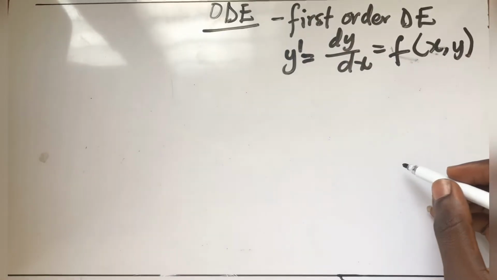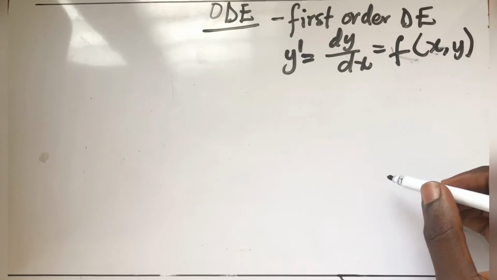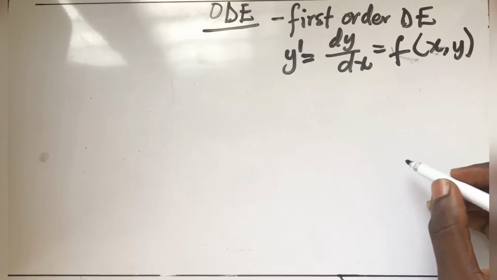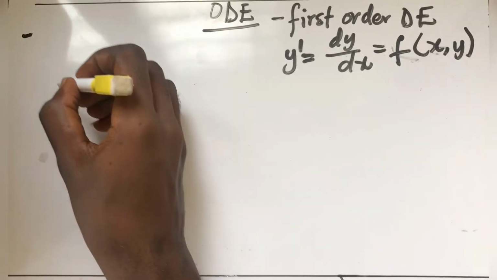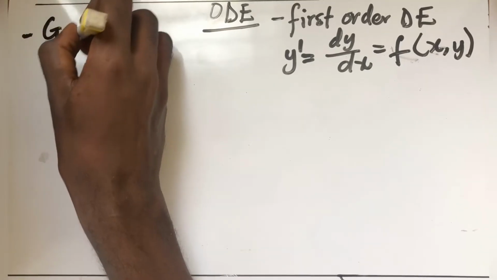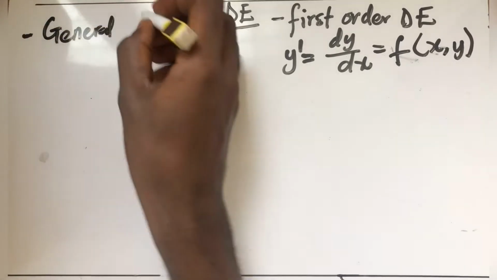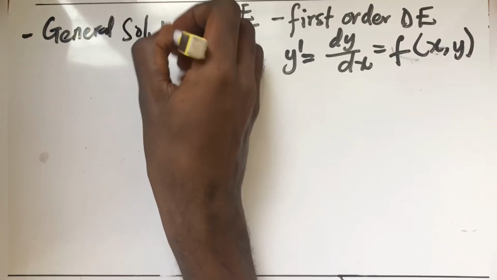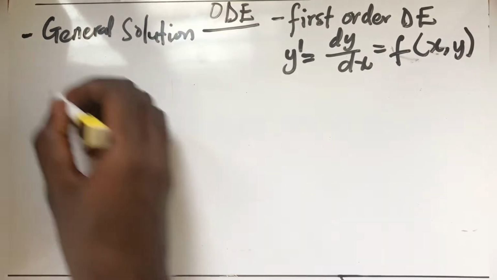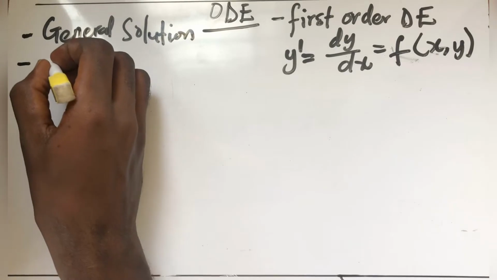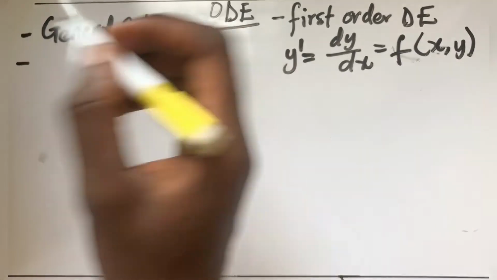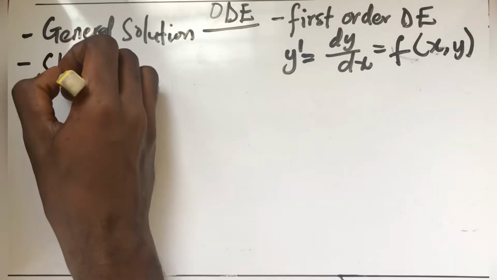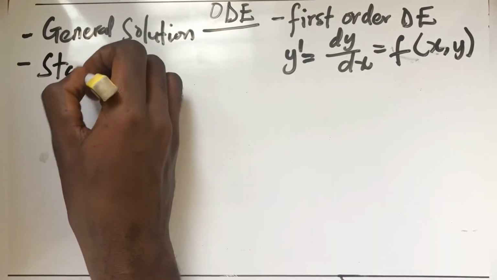Now for ordinary differential equations there are three basic things you need to know. One, we have the general solution. The second one is the standard solution, or standard form.